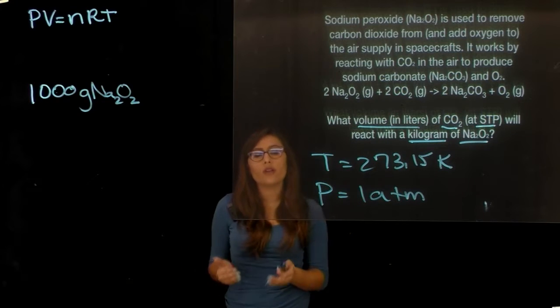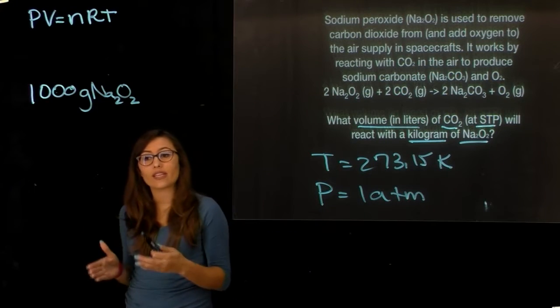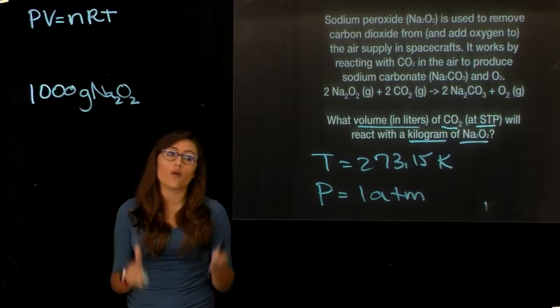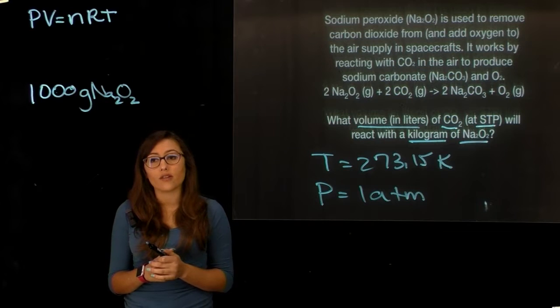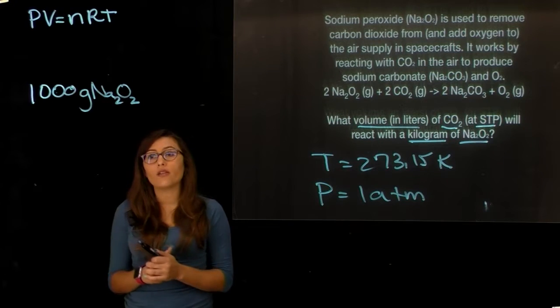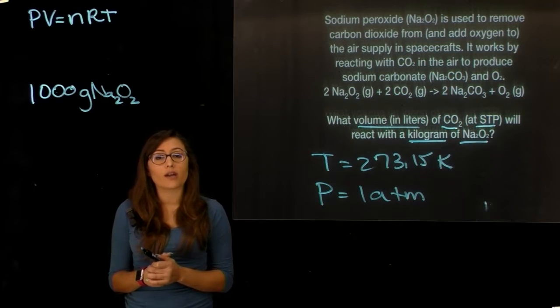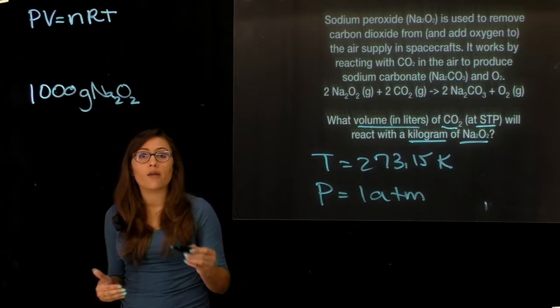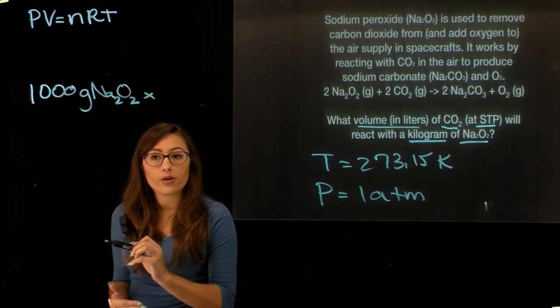So what we're going to do is use the ideal gas law and the balanced stoichiometric equation in order to find the volume in liters of CO2. We know we can convert 1,000 grams of sodium peroxide to moles of sodium peroxide. We do this by using the molecular weight of sodium peroxide.